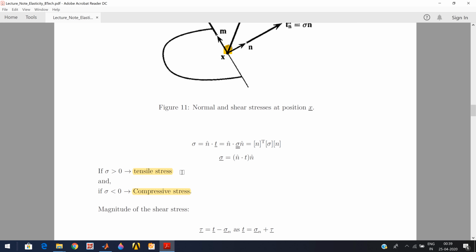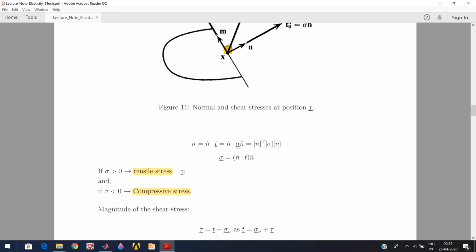That's important because this sign matters. The material behavior will change if the normal component is positive or negative, because the tensile stress will try to pull the material apart, whereas the compressive stress will try to squeeze the material. So they have different behavior.